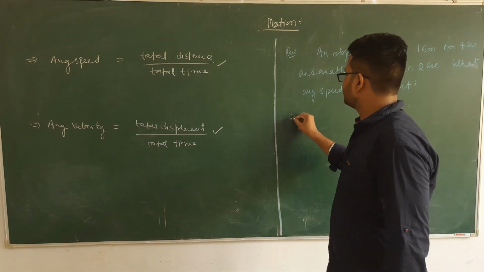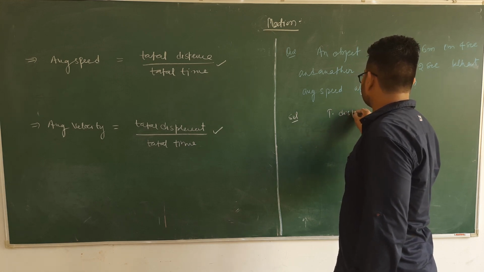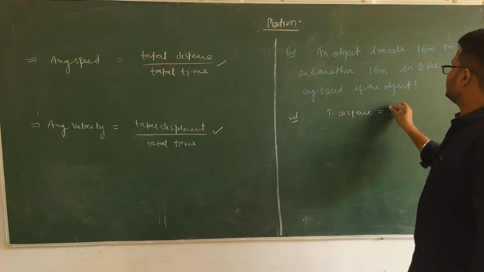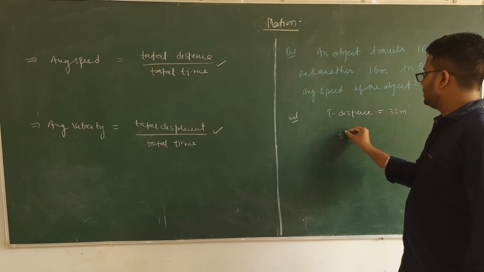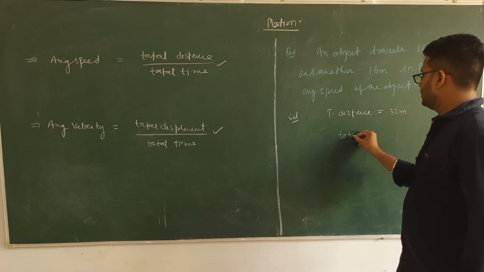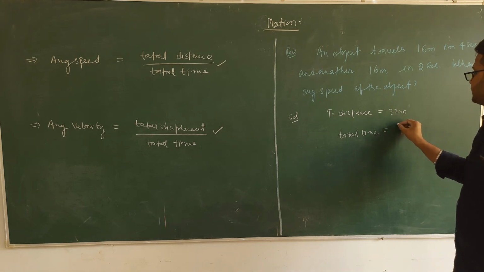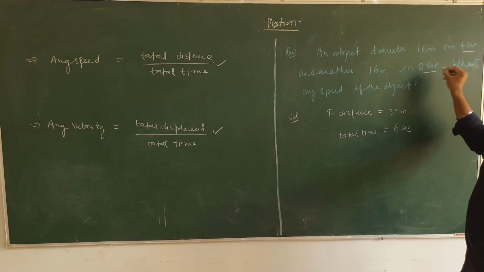So here the total distance is 16 plus 16, 32 meter. Total time is 2 plus 4, 6 second.